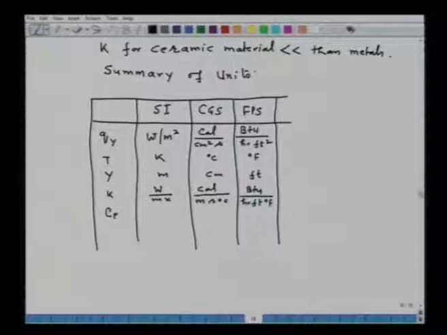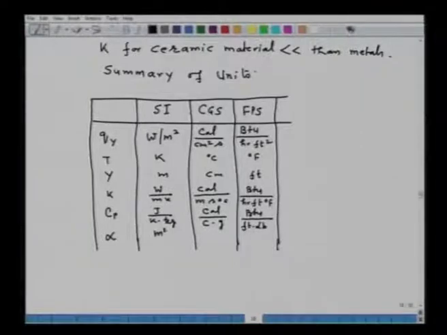Cp is joule per Kelvin into kg, here calorie per degree Celsius gram, here BTU per pound degree Fahrenheit. Then alpha, the thermal diffusivity, is expressed in meter square per second, centimeter square per second and feet square per second.